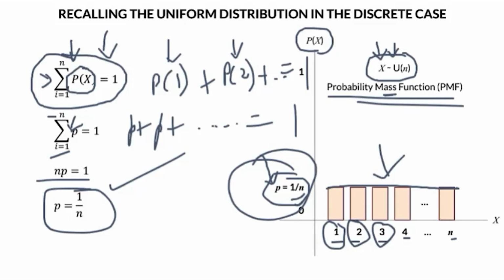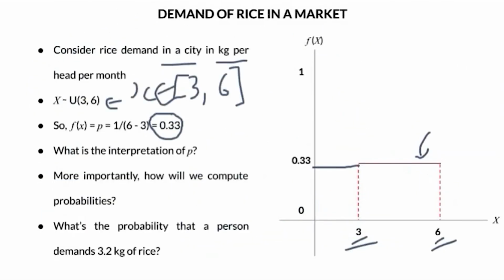There was a simple interpretation in the discrete case. In the continuous case, there is no real immediate meaningful interpretation of this P. Rather, there is another way to interpret, which we will see. More importantly, how do you even compute probabilities?